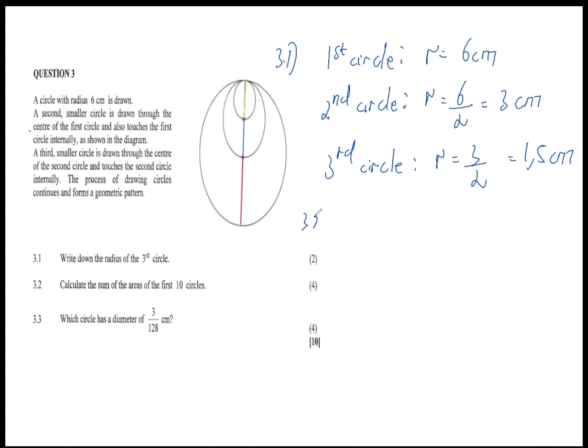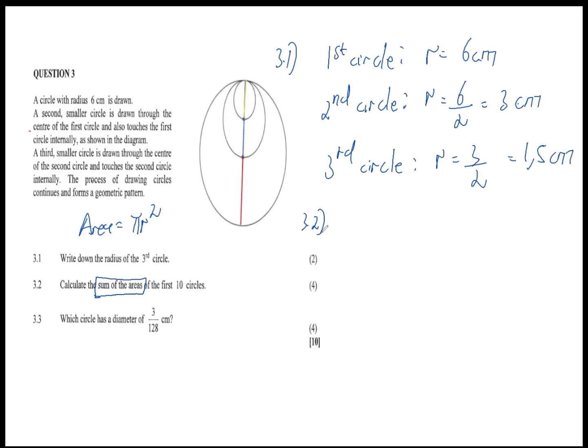Now 3.2 says calculate the sum of the areas. Note that, the sum of the areas. We know the area of a circle is pi r squared. So considering the 6, 3, and 1.5, let's write down the areas.